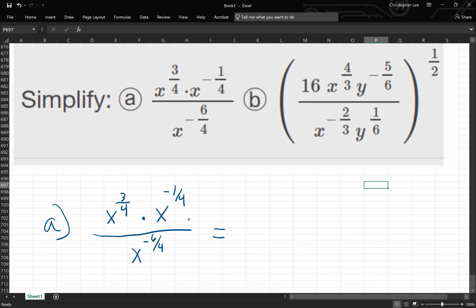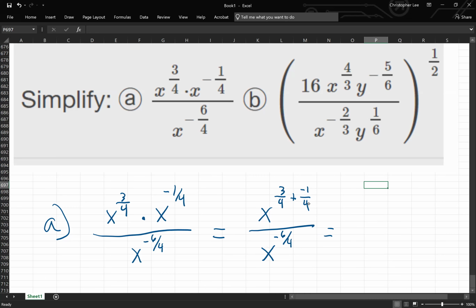Whenever you multiply the exponents, what do you do to the powers? You add them, right? So this becomes what? X to the 3 over 4 plus negative 1 over 4, over, of course, the x to the negative 6 over 4.